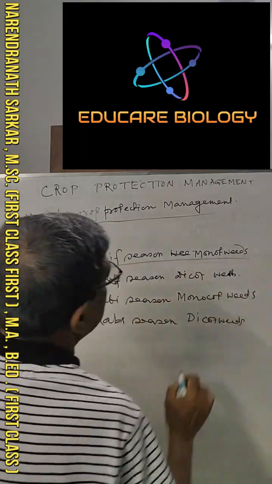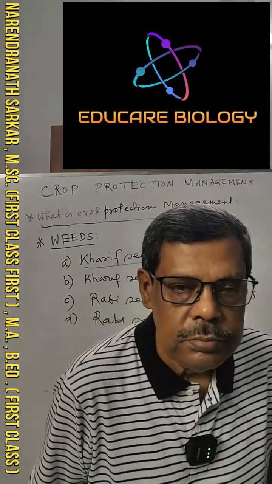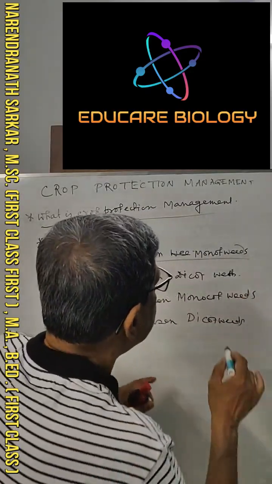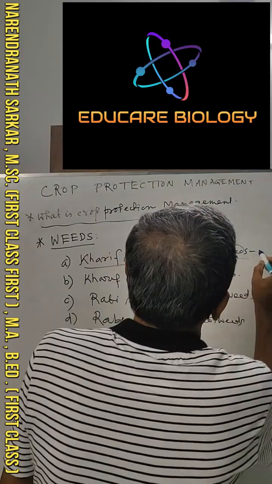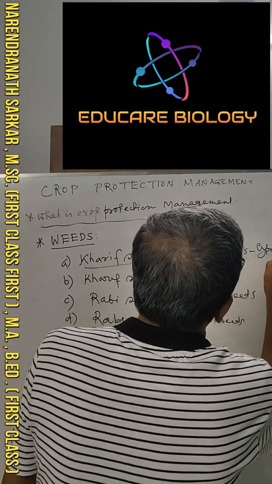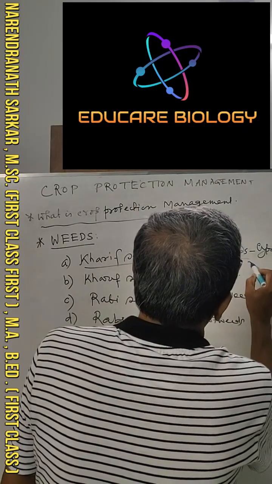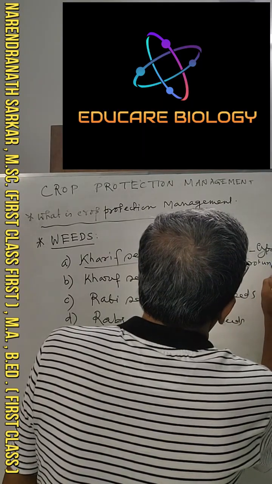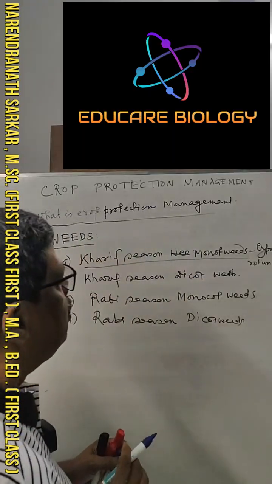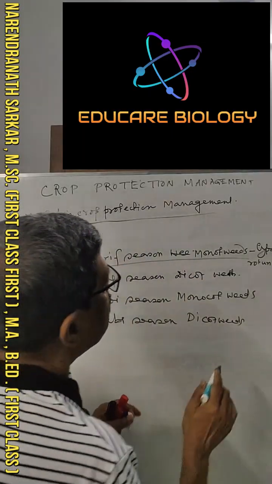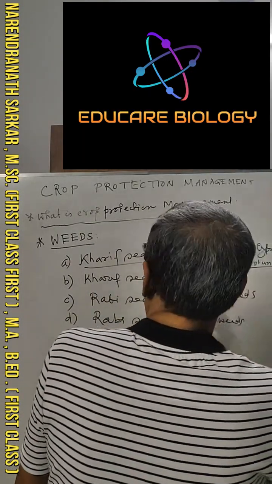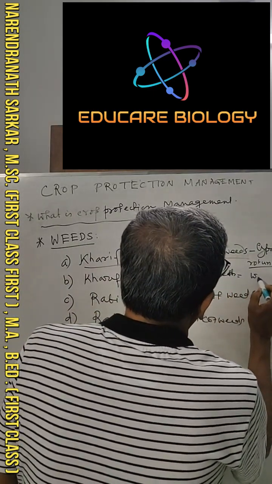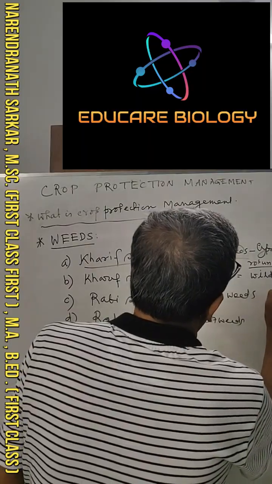Kharif season monocot weeds, for example, Cyperus rotundus. Kharif season dicot weeds, for example, wild oat.